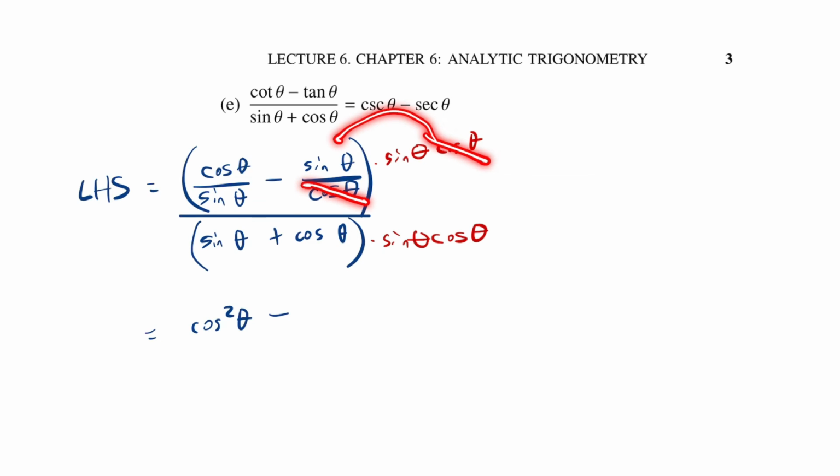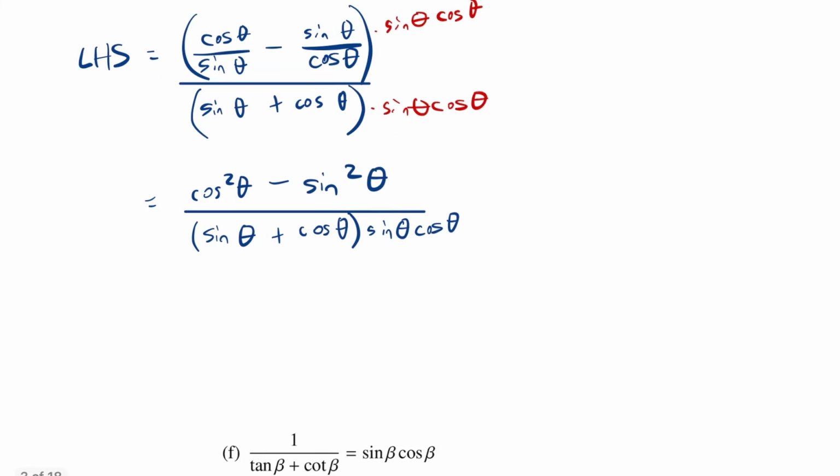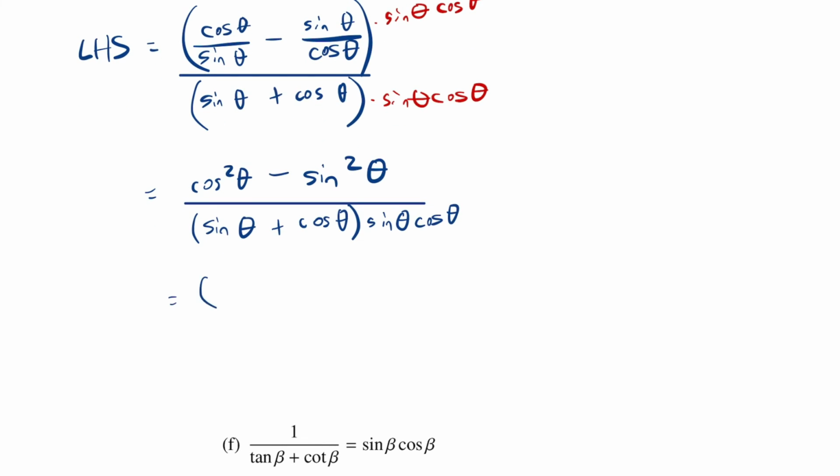And so now you might be able to see why I did not choose to distribute the denominator. The reason is because I have the difference of two squares in the numerator, which can be factored. So if I factor the difference of two squares, I'm going to get cosine theta plus sine theta times cosine theta minus sine theta, and I'm going to be able to cancel out one of those factors from the denominator.